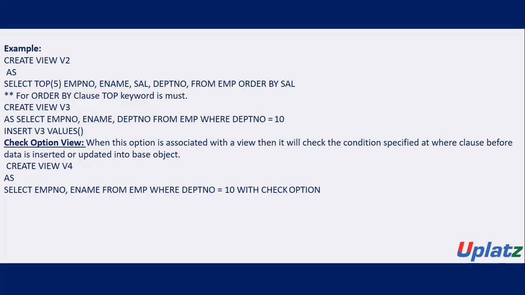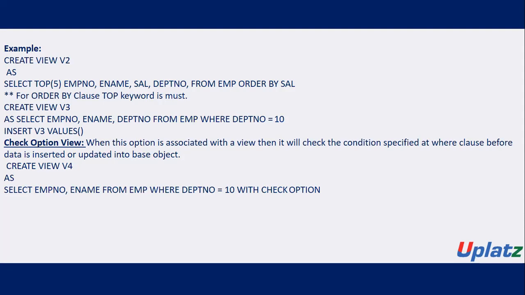As we have discussed in our previous slides, for the order by clause, the top keyword is a must. The question is why? Because the syntax is designed in such a way that we have to use the order by clause with the top keyword.